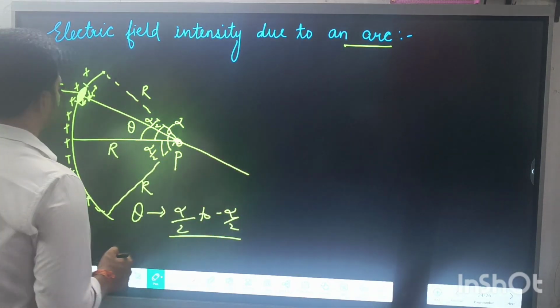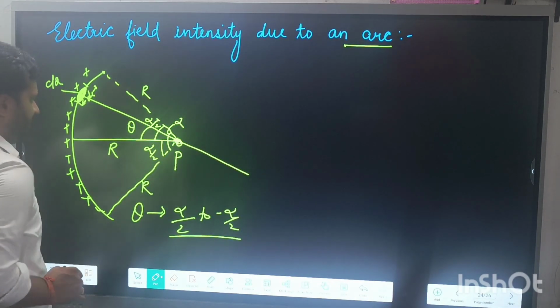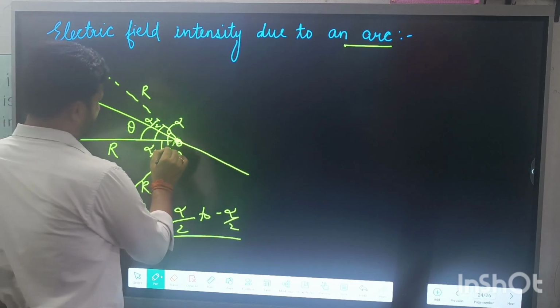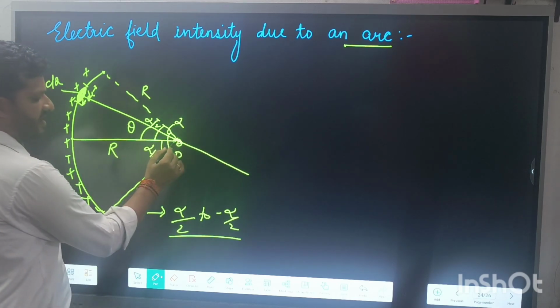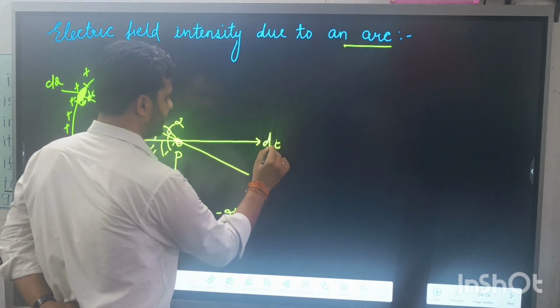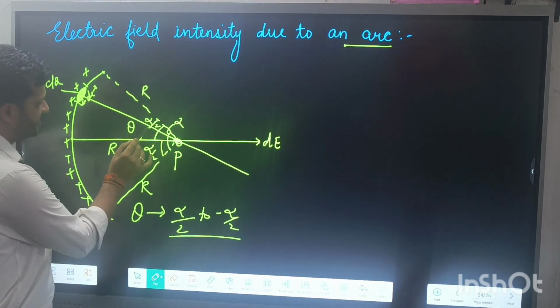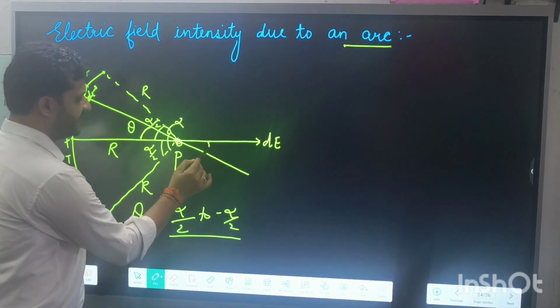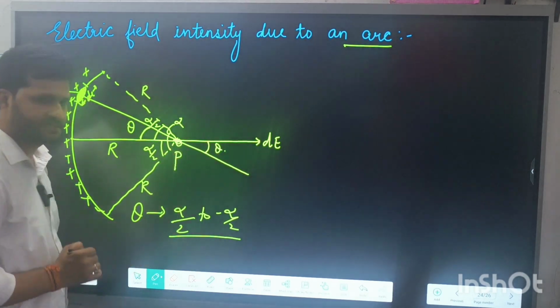Now, we come to this point, what will we observe here? If I find that due to this dq, the electric field at this point P is in this direction, let it be dE. Now you will find this is making an angle theta, it is also an angle theta, correct?